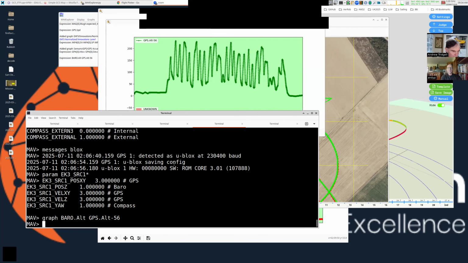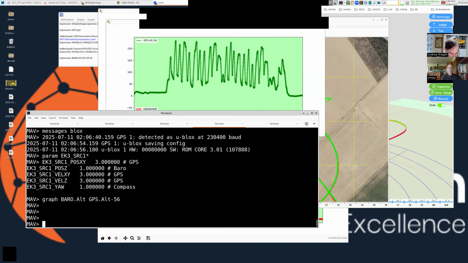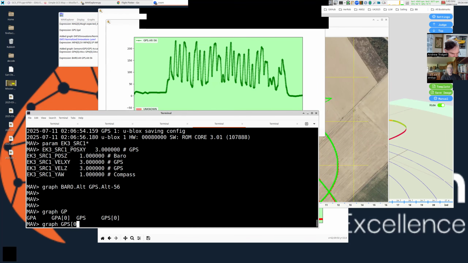Why are we not getting... GPS 0.alt and baro.alt. Let's try this again. Oh, maybe he doesn't have... It's not finding a baro.